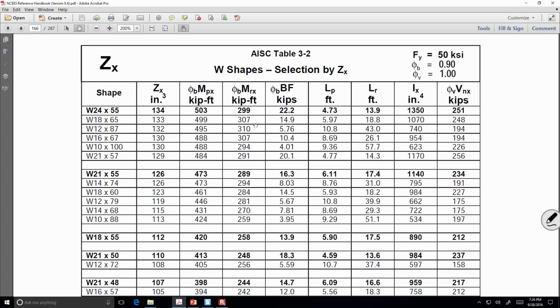So that's 4.73 feet and 13.9 feet. Now, even if you haven't had steel design, what's this column here on the very, very right? That's the shear capacity. So the design capacity of a W24 by 55 is 251 kips. All right. Sound good?